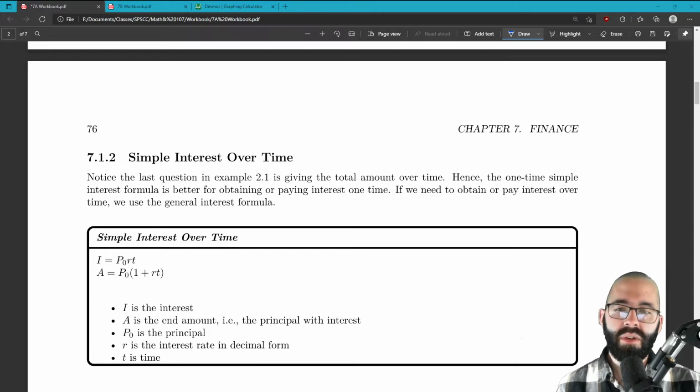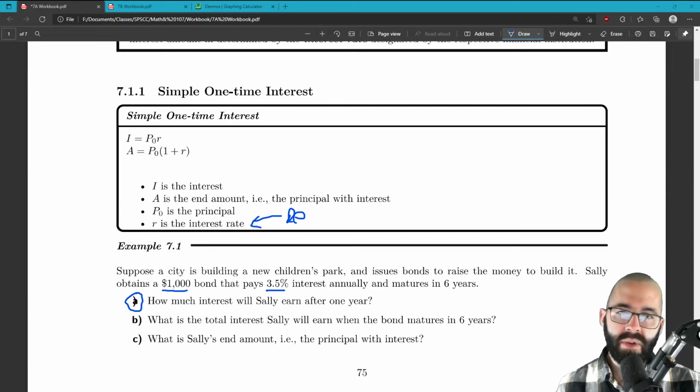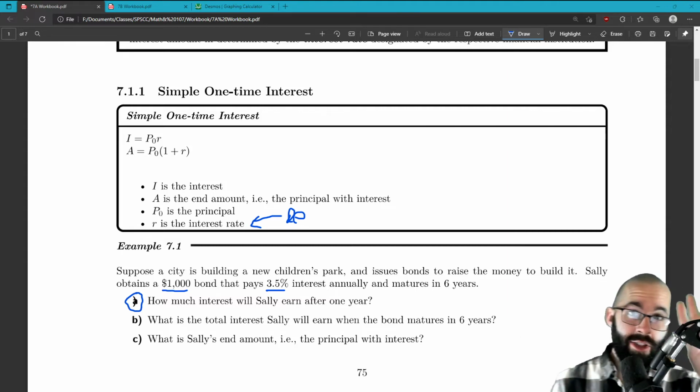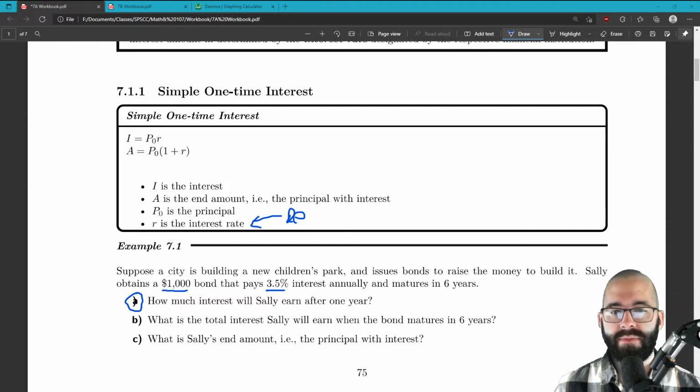But in this case, this is simple interest. It's not compound interest. We'll talk more about compound interest later. And here, we're not going to be making interest on our interest. If that's a weird sentence to you, don't worry about it. We'll explain that in the third video of today.